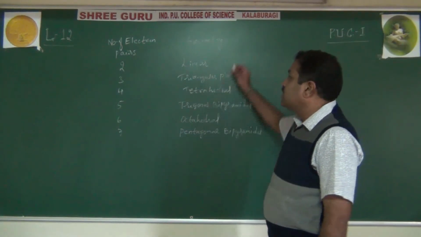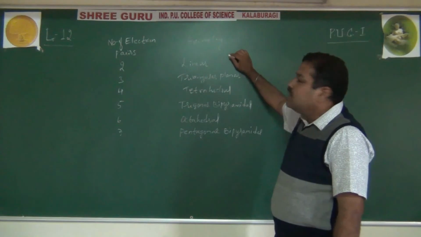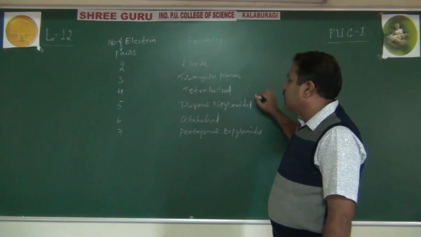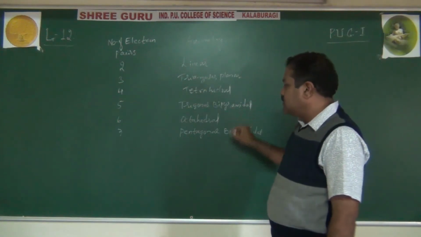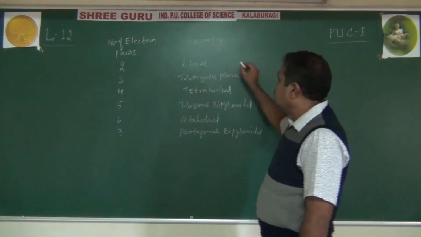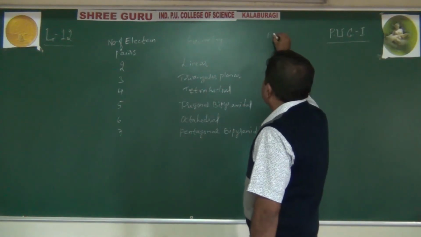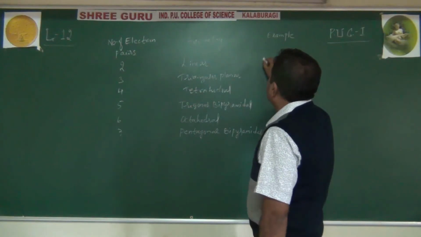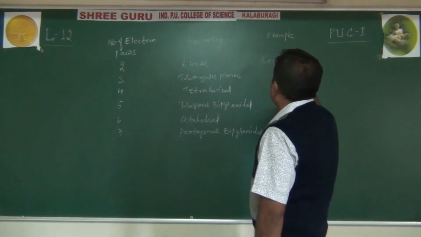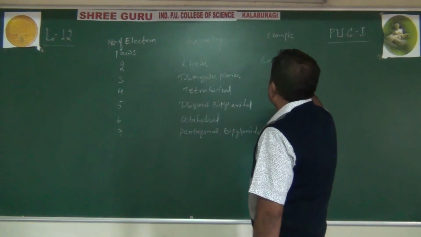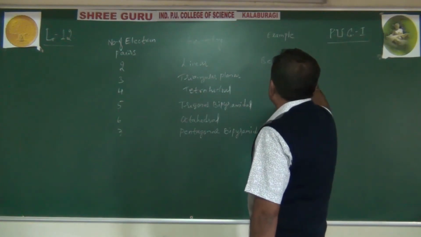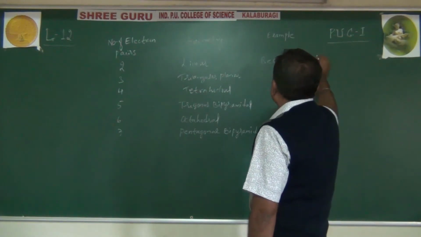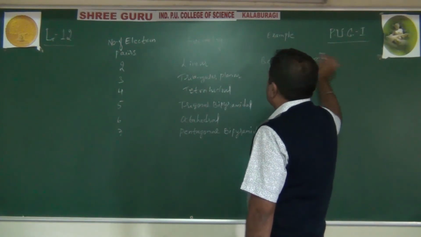Examples were also given: beryllium fluoride, boron trichloride or boron trifluoride, methane, PCl5, SF6, IF7. Once again I will write examples. You will try to remember. I am giving just one suitable example, because there are so many. Beryllium fluoride, or else XeF2, xenon difluoride.